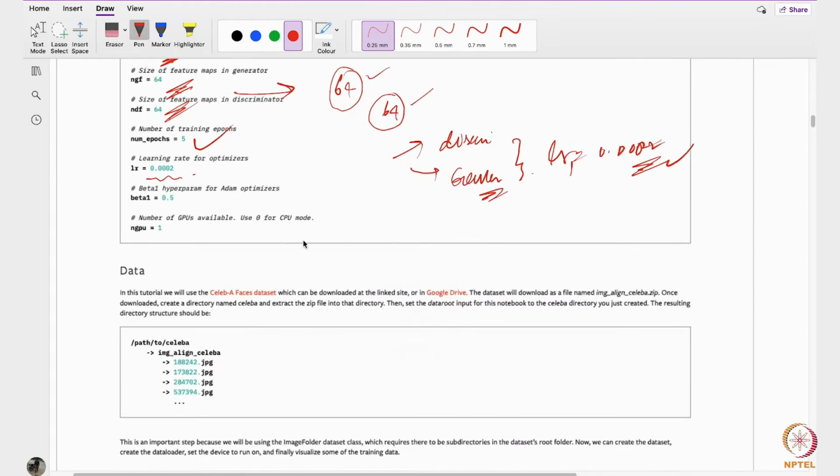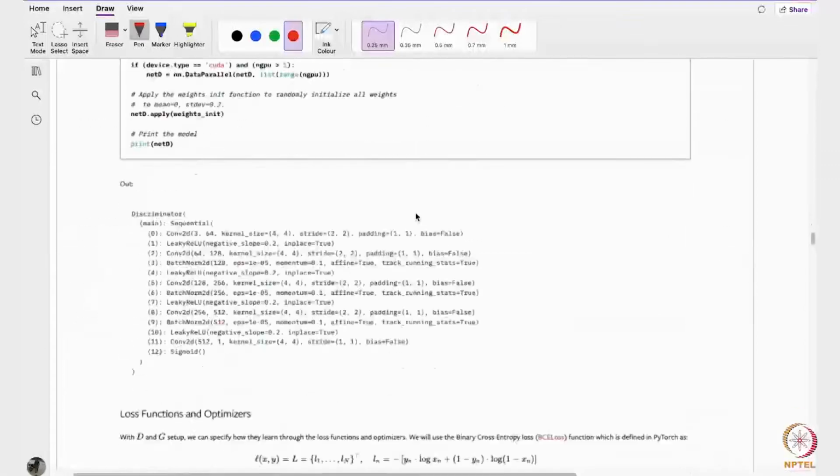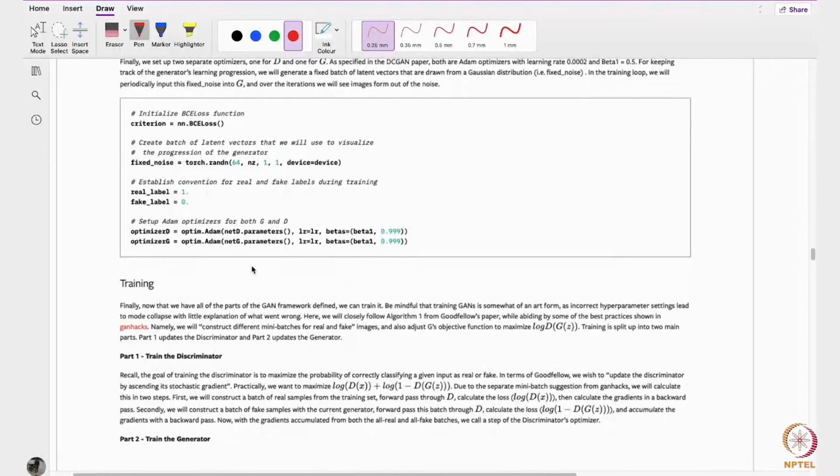At the end, another thing is they have used the Adam optimizer. Adam optimizer has two parameters, beta 1 and beta 2. Beta 1 has been fixed to 0.5, and beta 2, let us see where exactly they have it. See here, the optimizer D and optimizer generator.